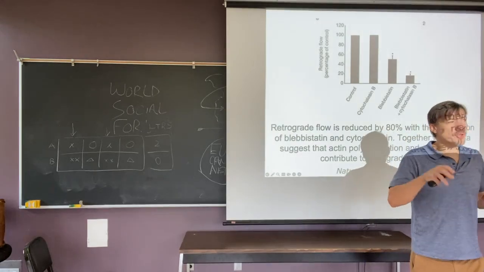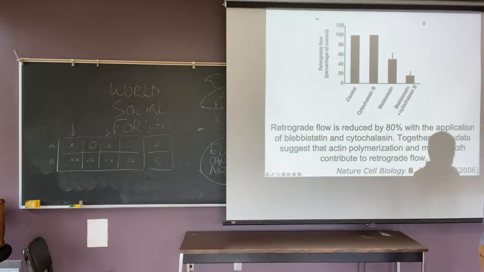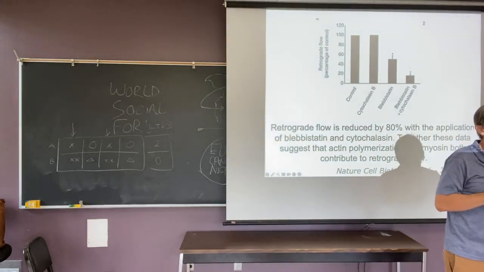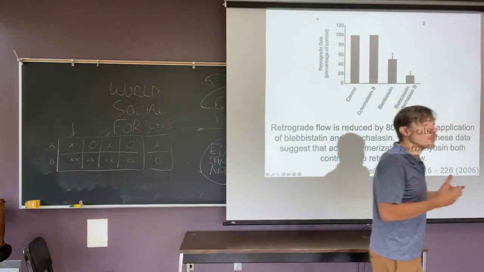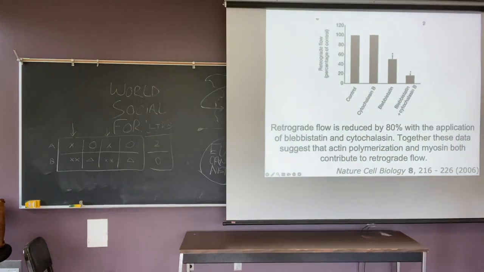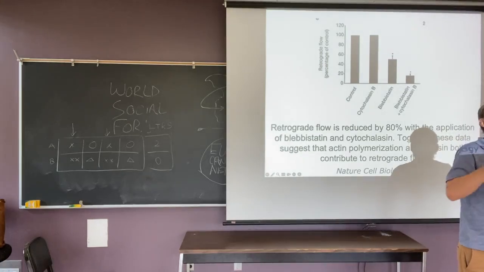So normally there's two things working. Myosin is pulling things back, and actin polymerization is pushing things back. So if you stop that pull, then the other process is going to start taking over the job, and it's going to start generating most of the forces there.